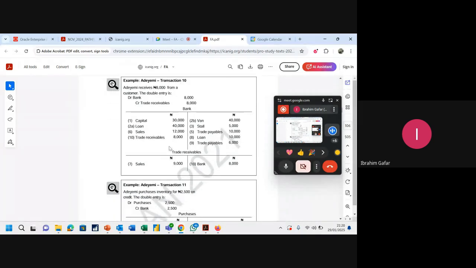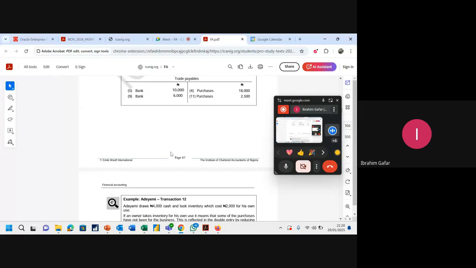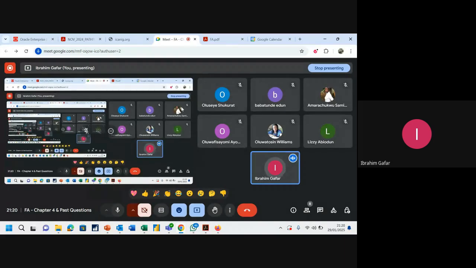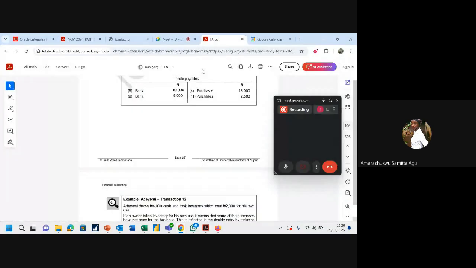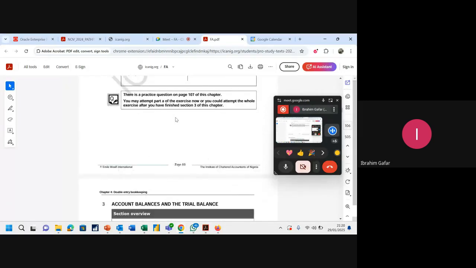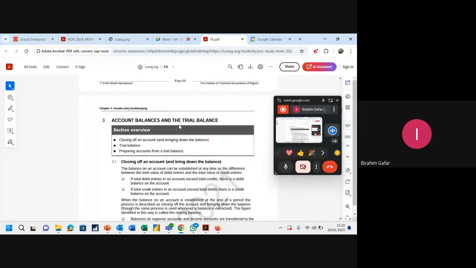Shukura, you've not read. Amara Chuku, you've not read? Okay, that's fine. He said there's a practice question, page 107 on this chapter. Okay, I think we should go there.